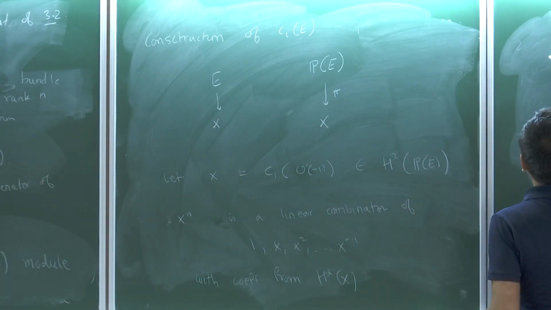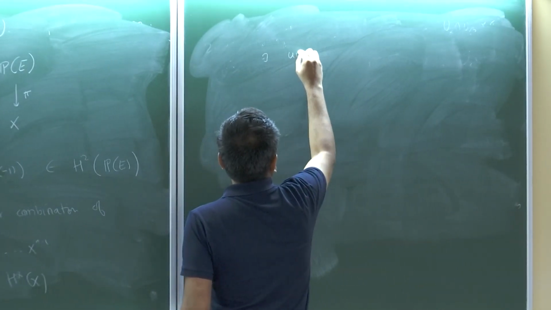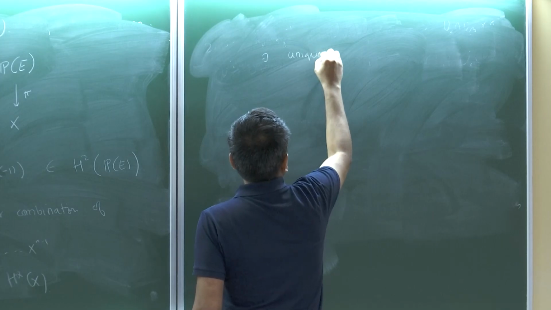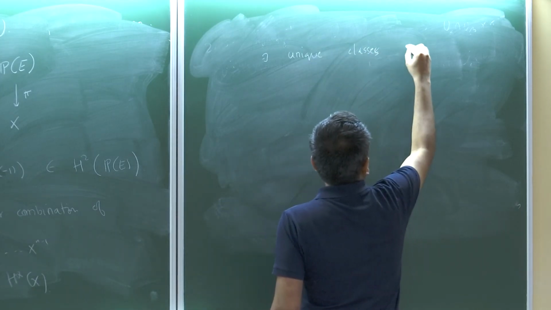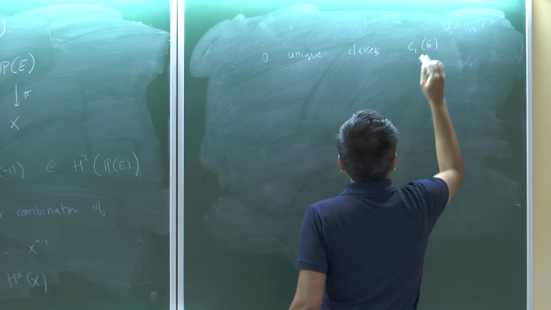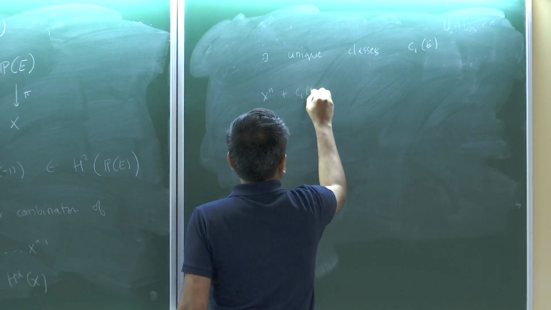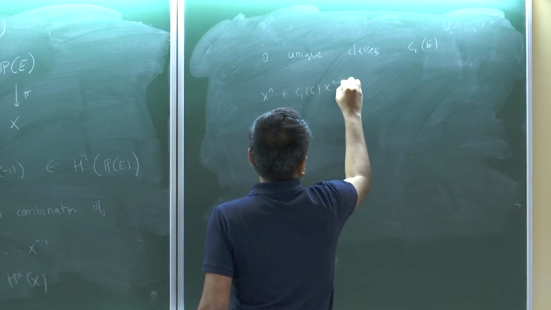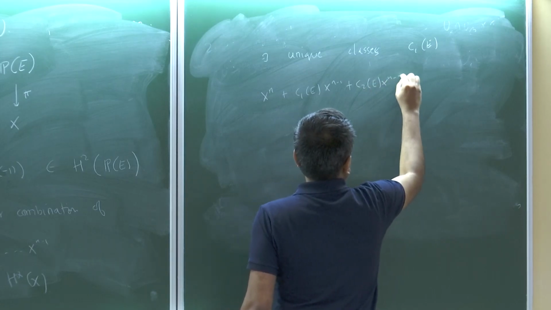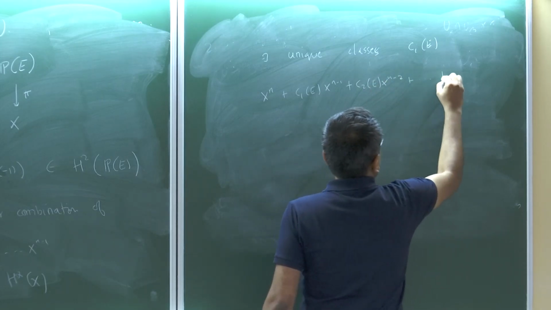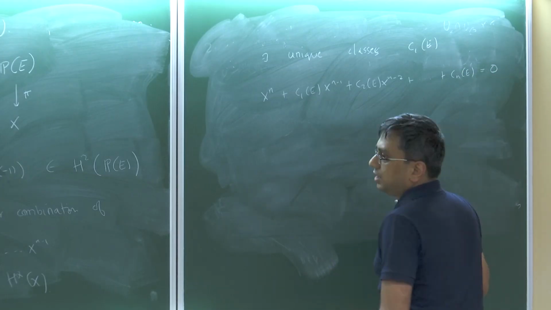Therefore there exist unique classes, and in anticipation I am going to call them Ci of E, such that x to the power n plus C1 of E x to the power n minus 1 plus C2 of E x to the power n minus 2 plus dot dot dot plus Cn of E is equal to 0.